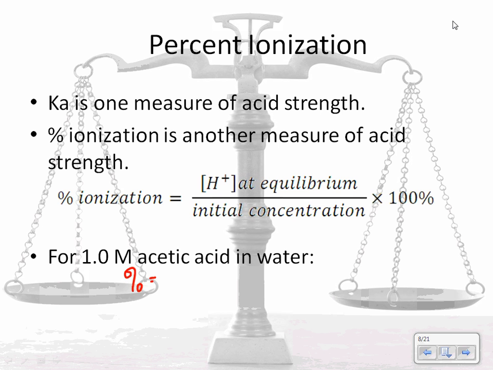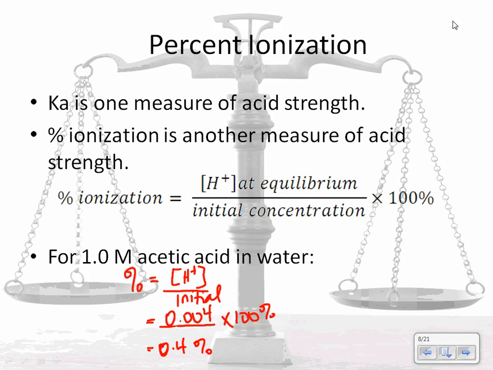If I use the numbers from the last example, the H plus concentration was 0.004. Divide that by 1 and times 100. So you end up getting 0.4%. That means when this acid dissolves in water, only 0.4% of it actually ionizes and creates those ions.